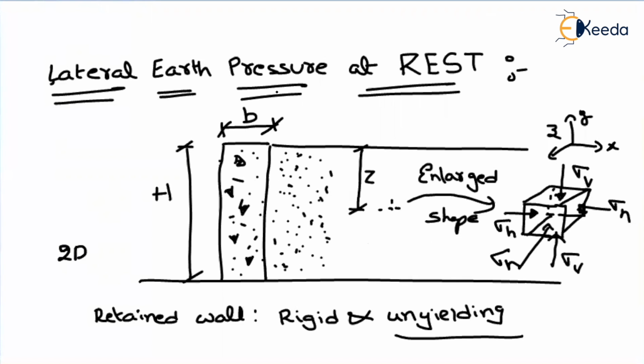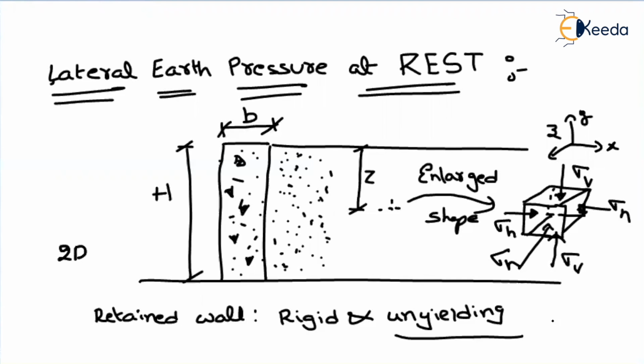Whether it may be 2 meters, 100 meters, 300 meters. It is not mandated that it will be continuous, whatever length you consider. That is limited to some space. But if you want to derive this equation, the length of this retaining structure is considered as infinite. That means along one direction, the length is not limited. Then only these equations are applicable.